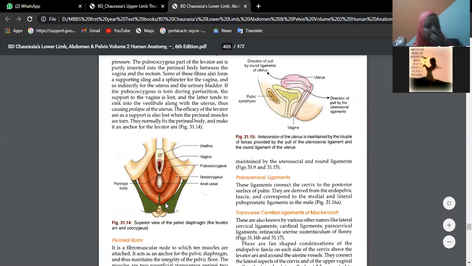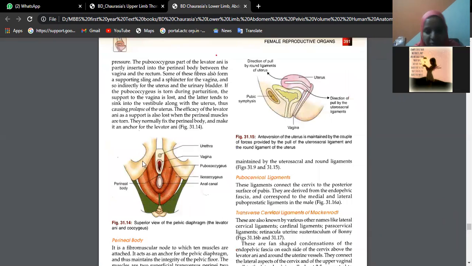Now, if you see from below, we have the perineal body and the pelvic diaphragm, which act as firm supports. The perineal body, if you remember, I told you, is the interlacing of 10 muscles: superficial transversus perineae 2 in number, deep transversus perineae 2 in number, levator ani 2 in number, the external anal sphincter, and bulbospongiosus.